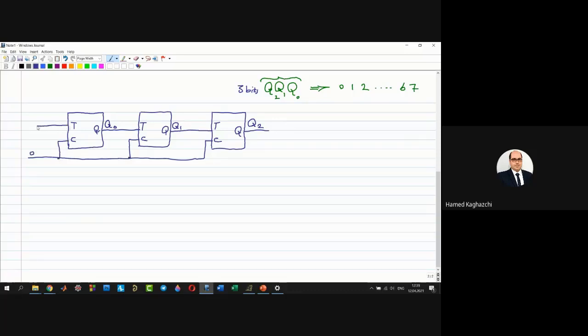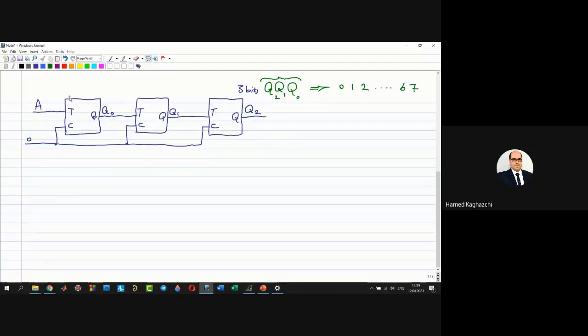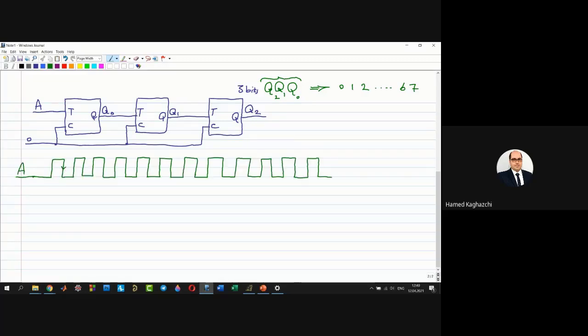Now, I have this signal, for example, I call it A, like that. Now, I set it to the clock pulse. On the downward edge, the flip-flop will work. And I need to know how my outputs will change.